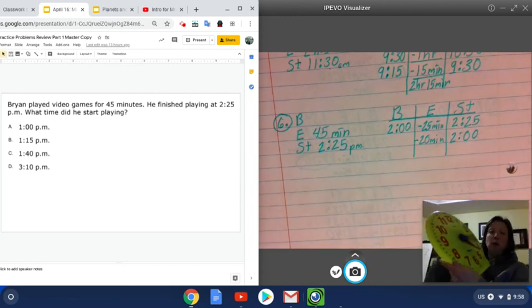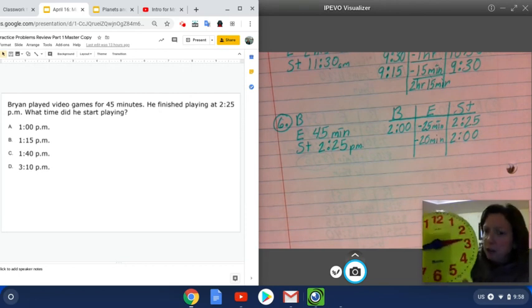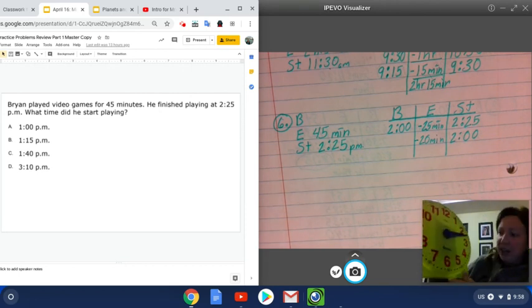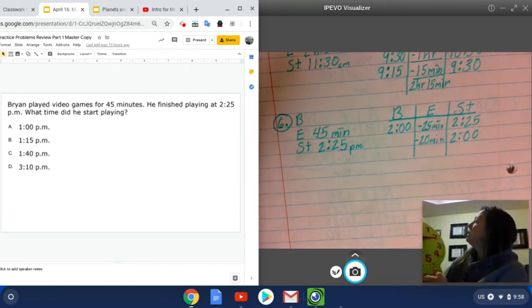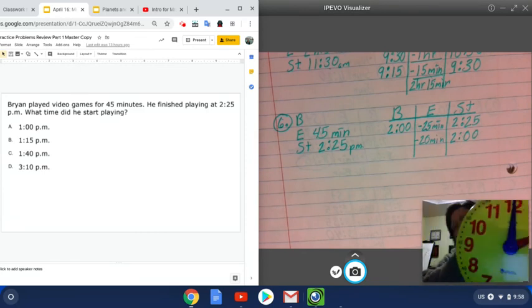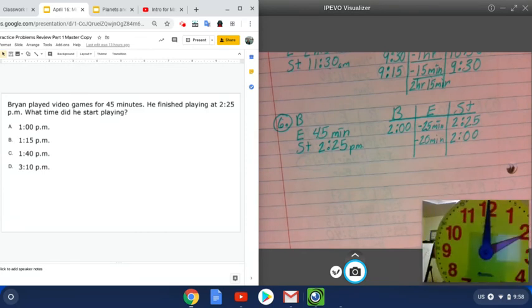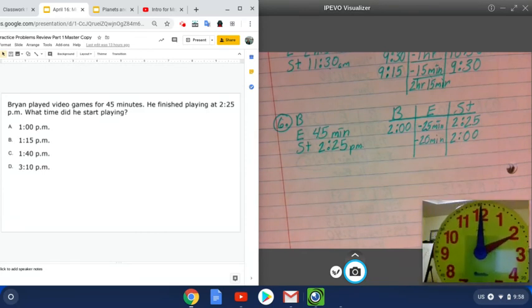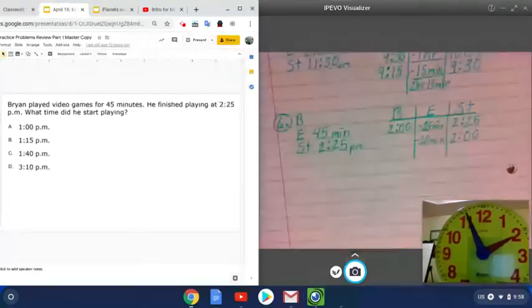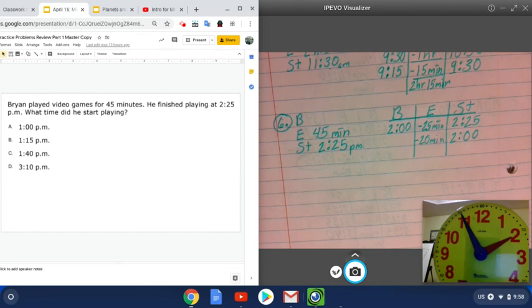If you have your clock, you can use it because remember, your clock is always a very useful tool in helping you. If it's 2 o'clock, we want to go back 20 minutes before that. That goes back 5 minutes.